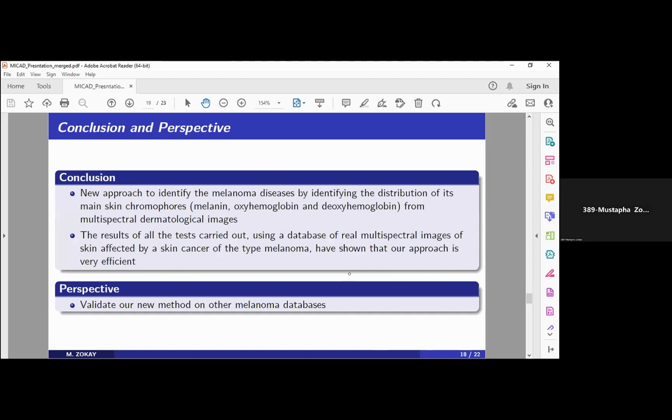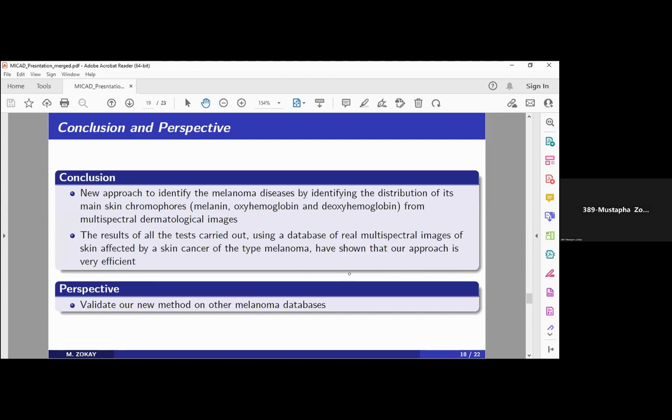So we can conclude that we propose a new approach to identify melanoma by identifying the distribution of its main chromophores, melanin, oxyhemoglobin, and deoxyhemoglobin, from multispectral dermatological images. The results of all tests carried out have shown that our approach is very efficient.